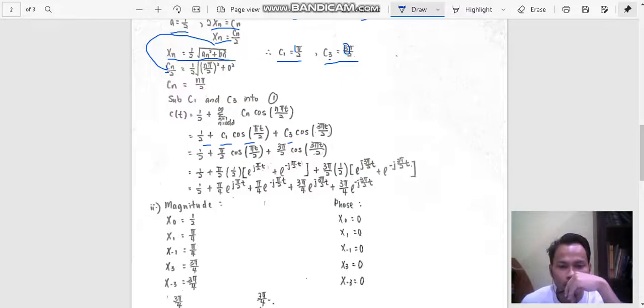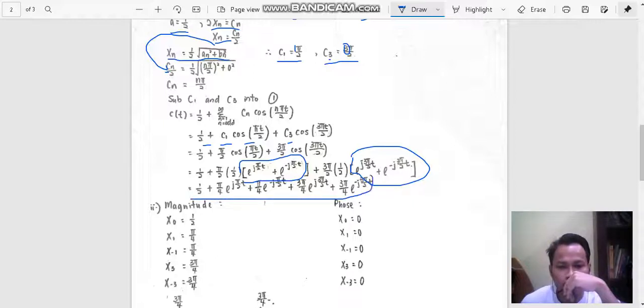After we do the math calculation, we use the Euler relation to simplify our calculation. So we replace the cos part with the Euler relation, and finally we can simplify the answer like this.